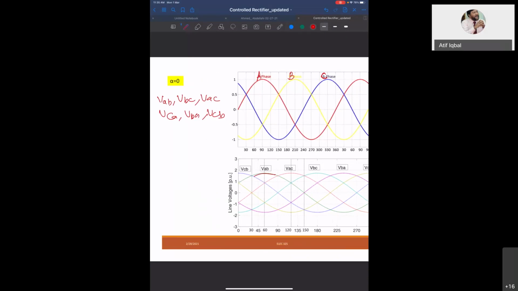This is VAB. The inverse of this is VBA. This is VAC. The inverse is VCA. This is VCB. The inverse is VBC. So there are 6 voltages. As you can see from the phasor diagram, if this is your VA, this is your VB and this is your VC, then you can draw 6 line voltages.